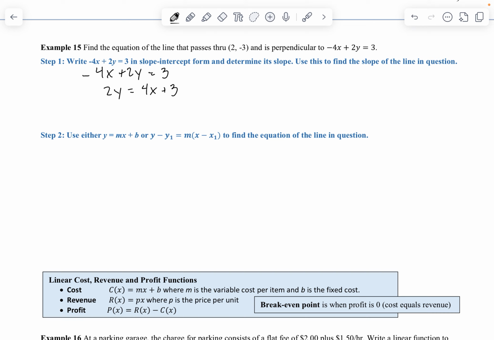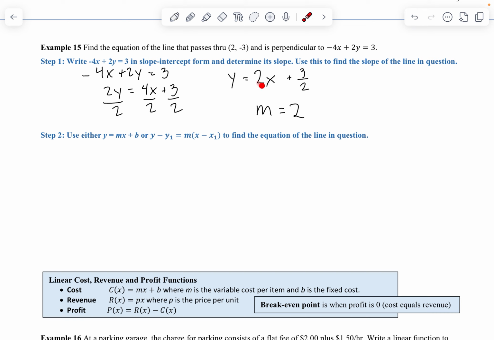And then I need to divide both sides by 2, every term by 2 here. That gives me the equation y = 4/2 which is 2, so y = 2x + 3/2.